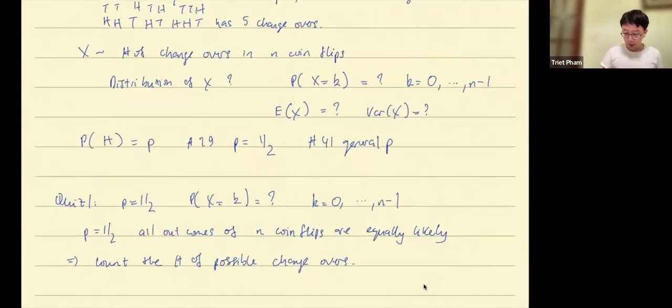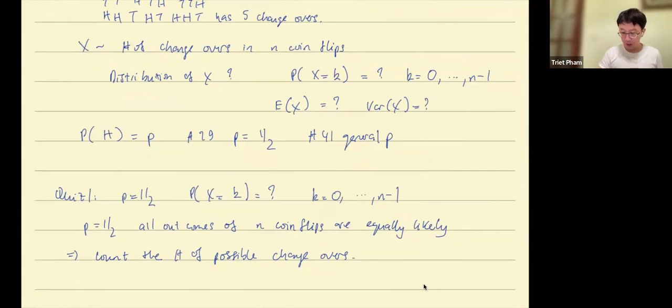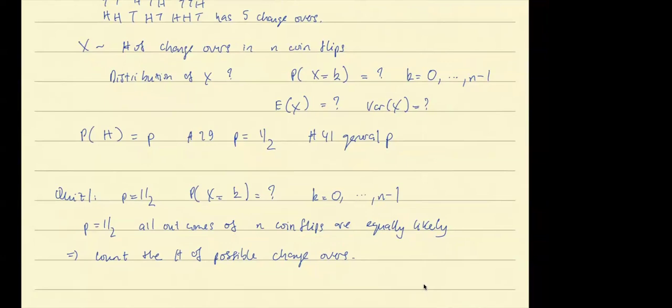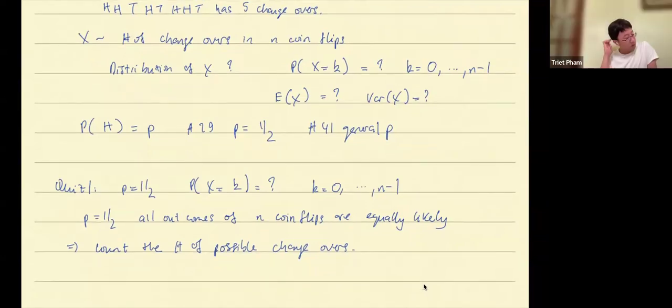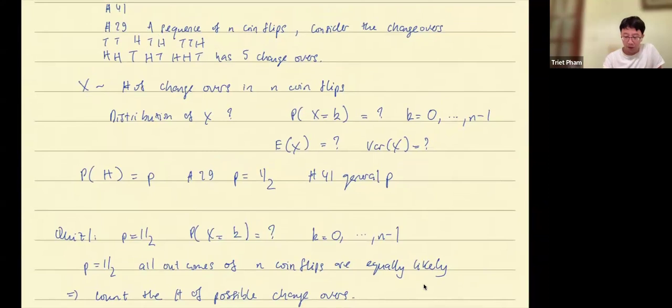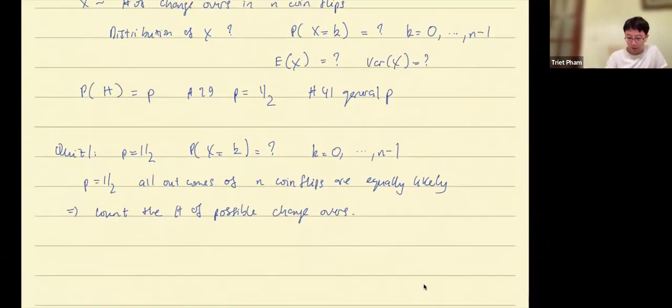To start with, how many outcomes are there in n coin flips? Is it just n-1? No. What do I mean by that? Suppose we have 3 coin flips.